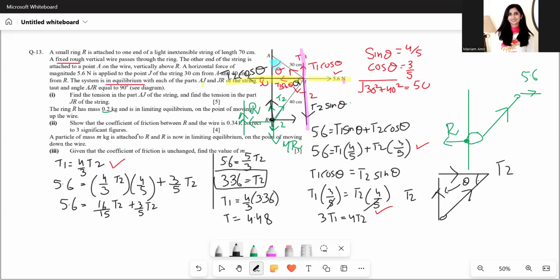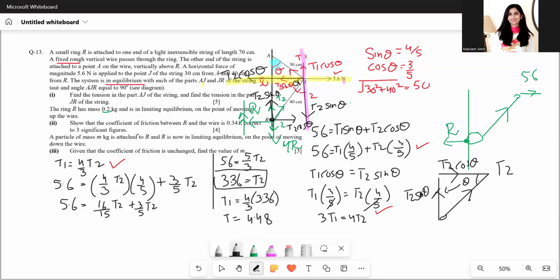So T2 sine theta, and this one will be the cos component, T2 cos theta. So let's write that down. T2 cos theta, and this is T2 sine theta.